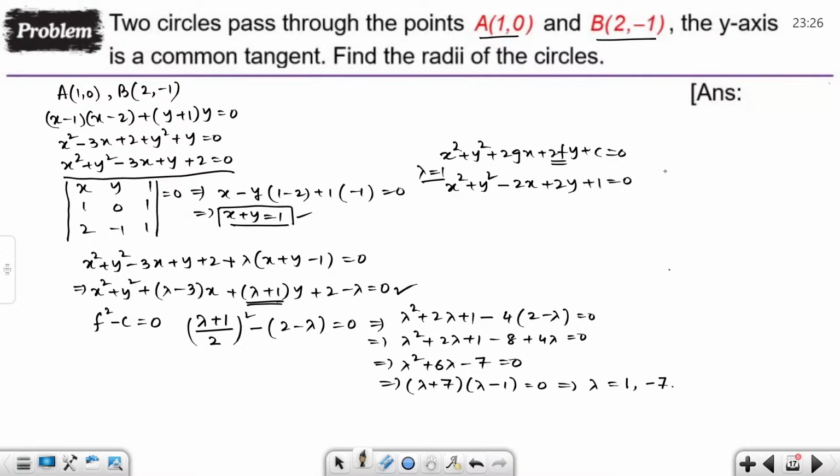Right, whose center is at, and radius is 1 unit, right?